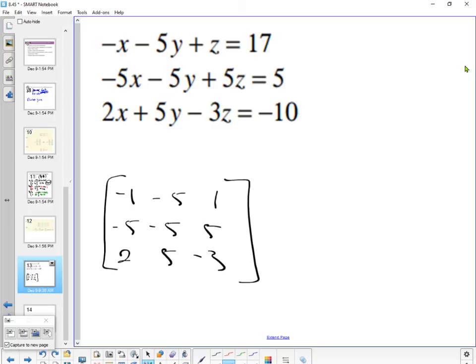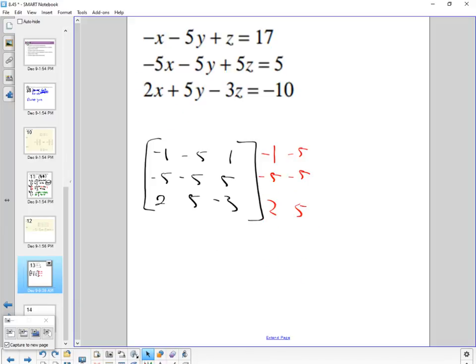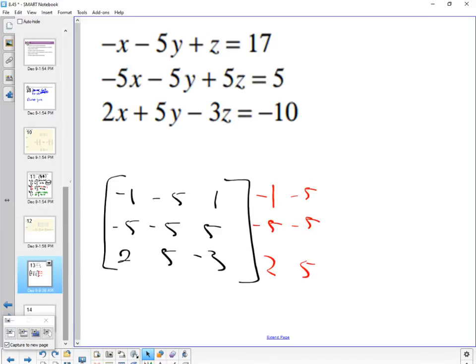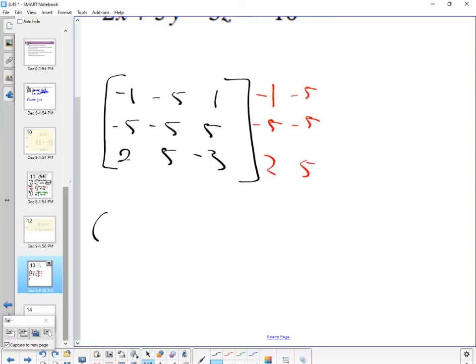So here's what I'm going to do. I'm going to extend the first two columns to solve this. And then I'm still going to follow this method. Remember what I said? Get used to doing this business.